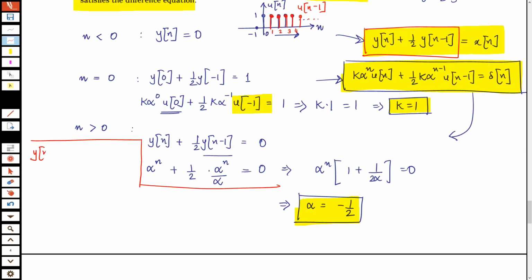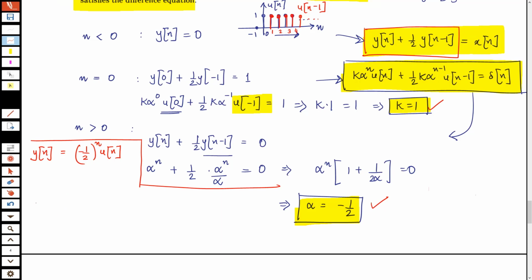So in other words, we've got yn as k alpha to the power n un, and we've just found the value of k as well as alpha. So k times alpha to the power n un, this is yn, right?